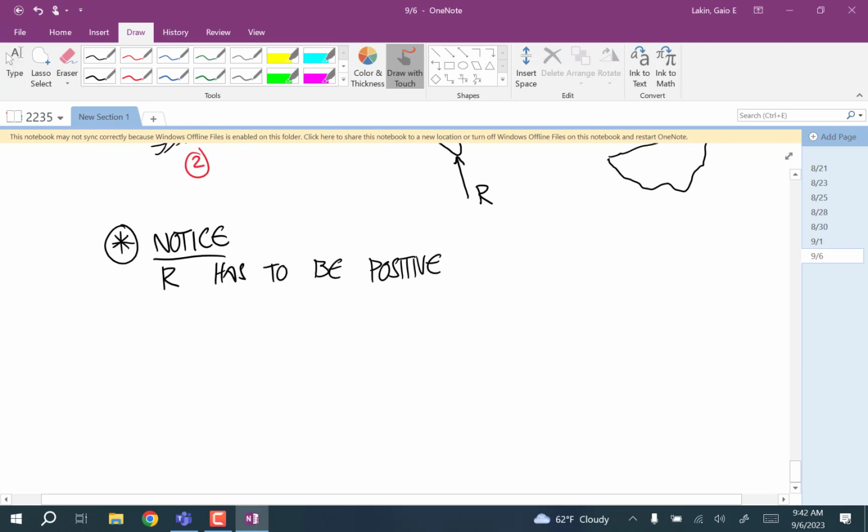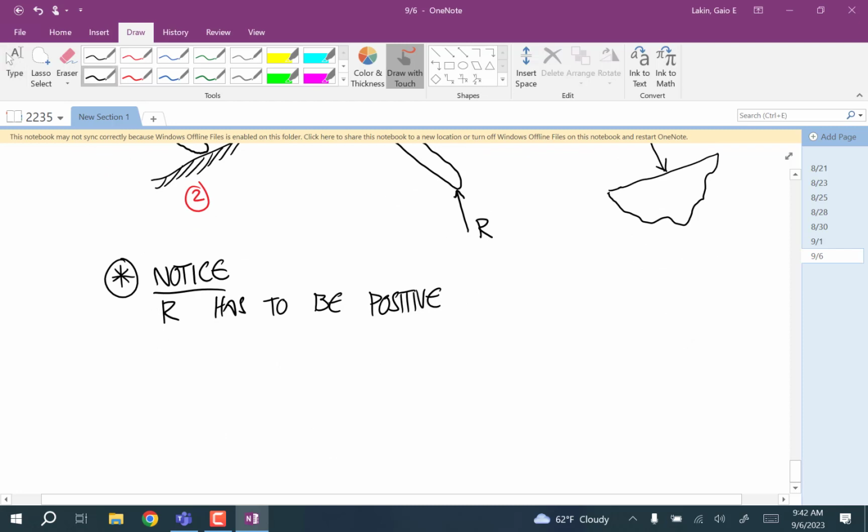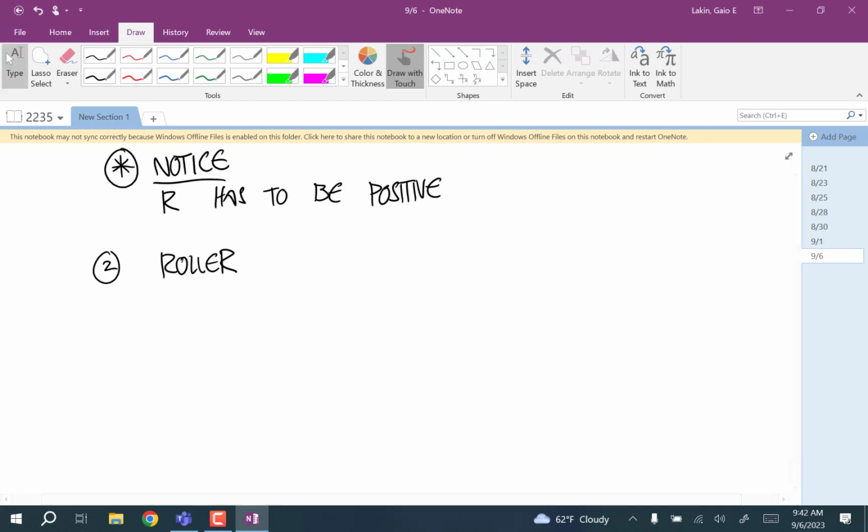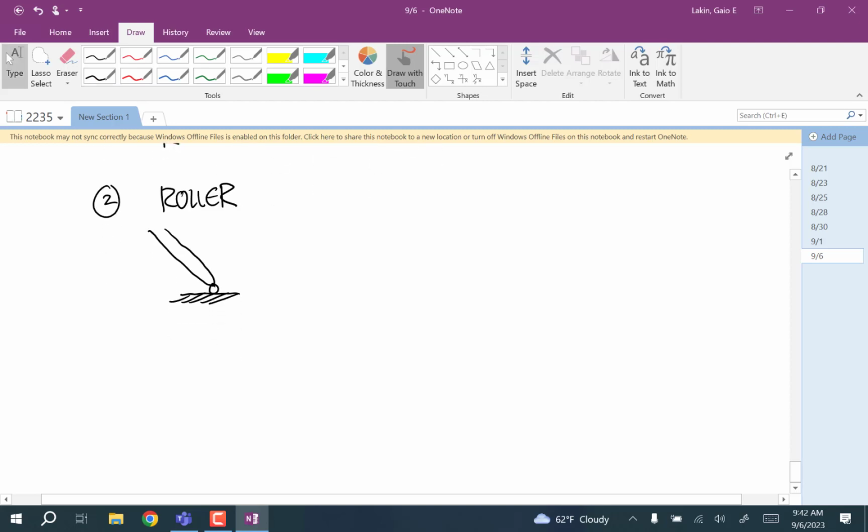Okay, the second type of joint in this joint category 1 is a roller. You'll see that drawn as a ball separating the two bodies, like a ball bearing, or you'll also see it as a roller skate.